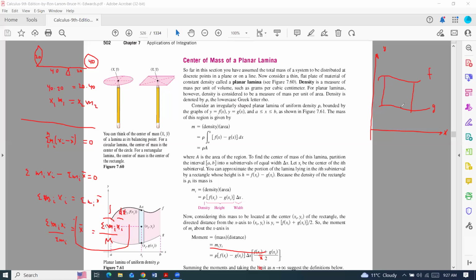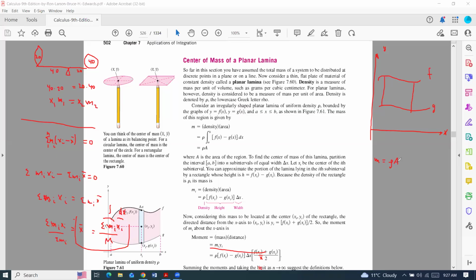So they find the mass of this lamina, and that's usually density times the volume, right? But volume is the area of cross section times height. They say if we take the area of cross section, it's uniform.